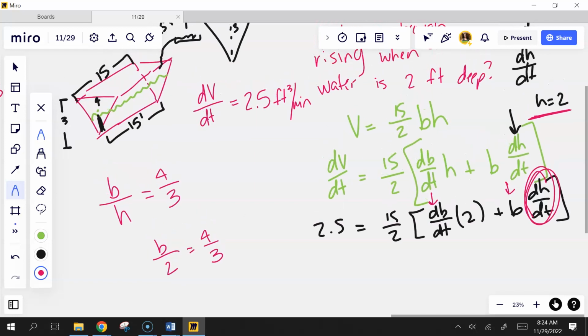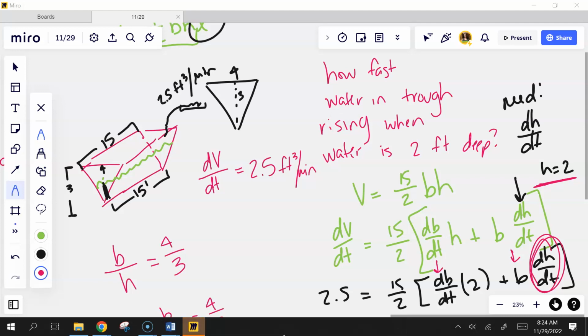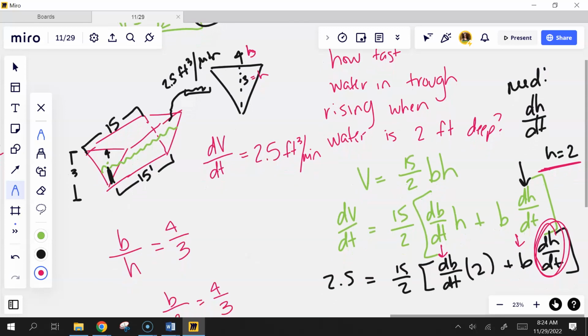So this came from my original triangle, right? This is the base, this is the height. So I said, because that's the ratio of that triangle, as this water rises, that ratio is going to stay the same. I started with kind of a hard one, I'm sorry. I should have started with this one. It's okay. Are y'all following so far?